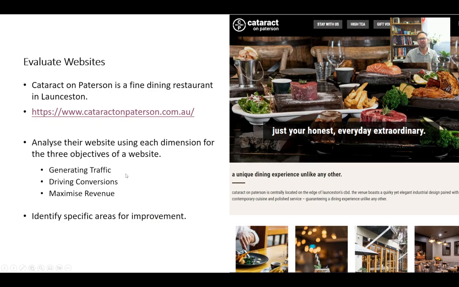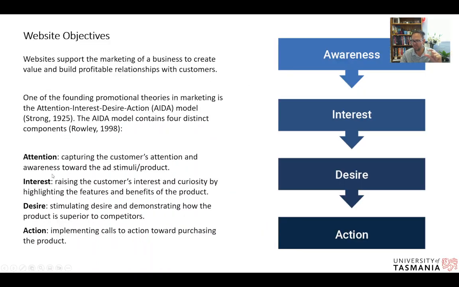So driving conversions. Is this website driving conversions? And second, what about maximizing revenue? I want you to use what we've gone through in the lecture so far to think about that, and then identify specific areas for improvement. For example, does this website have a clear call to action? Let me go to the next slide, just to set the context: attention, interest, desire, action.